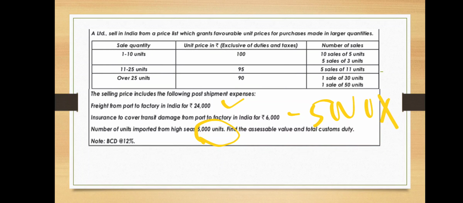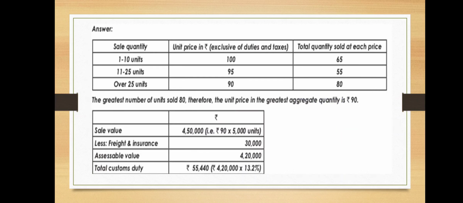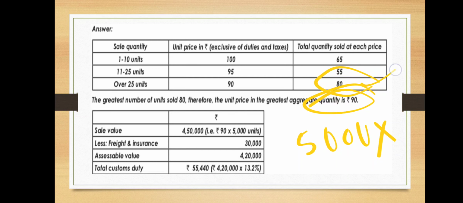We multiply 5,000 units with the price, 90, because the unit price for the higher quantity is what you need to take. So 5,000 into 90, you will get 4,50,000. That will be the sales value.